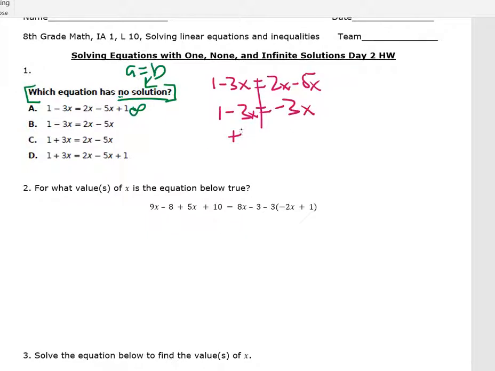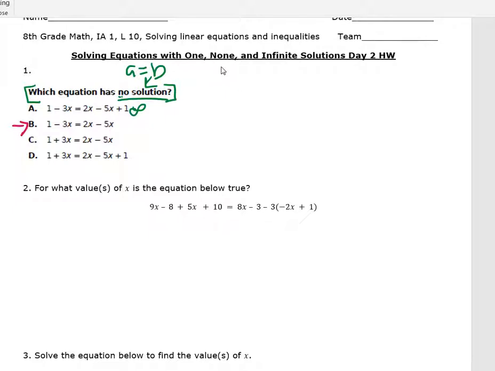I'm going to add 3x to both sides, and because it cancels out, I come up with 1 equals 0. And I know that that's not true. So right now I'm thinking B is probably my right answer, but because I am the kind of person who will make a bunch of mistakes and I need to try everything, I'm going to continue trying C and D to make sure that my answers are consistent.